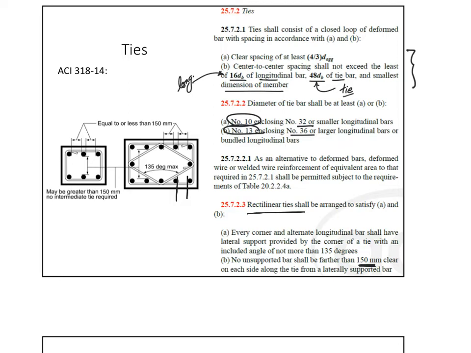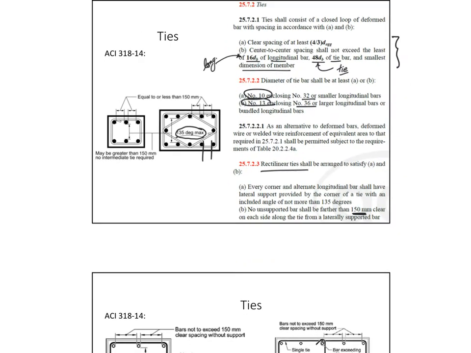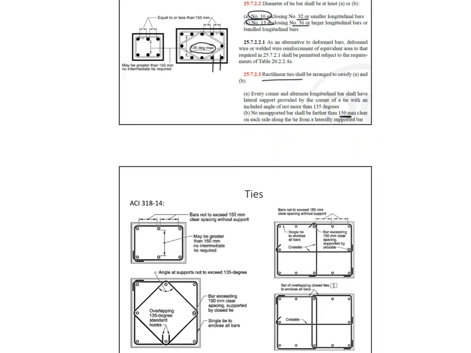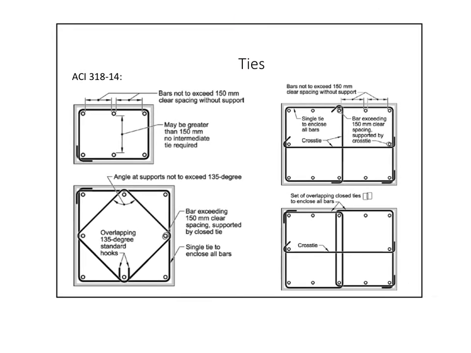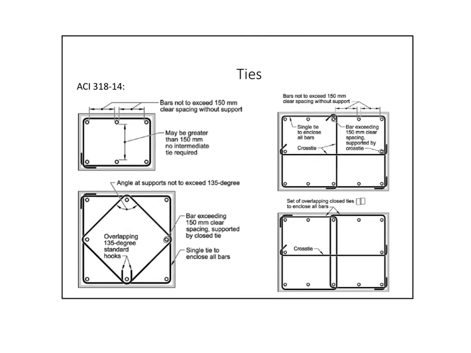It is also important to understand that if you're holding the bars, you have to hold them with an angle not exceeding 135 degrees, because in this case, if you're too wide, you're not really holding the bar. It will not prevent it from buckling out. Okay? So you need to understand those requirements and get into some practice with this. Those are some of the shapes we have.